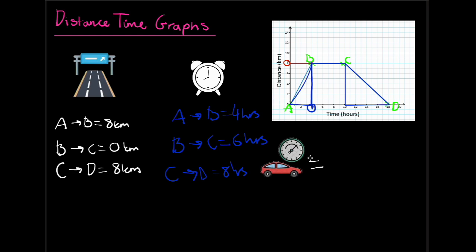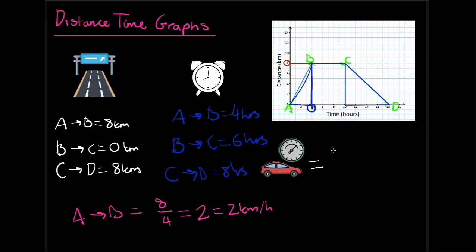So from A to B, if speed equals distance over time, our equation here for A to B will be: the distance is 8 and the time is 4. So 8 over 4 equals 2. So this equals 2 kilometers an hour.